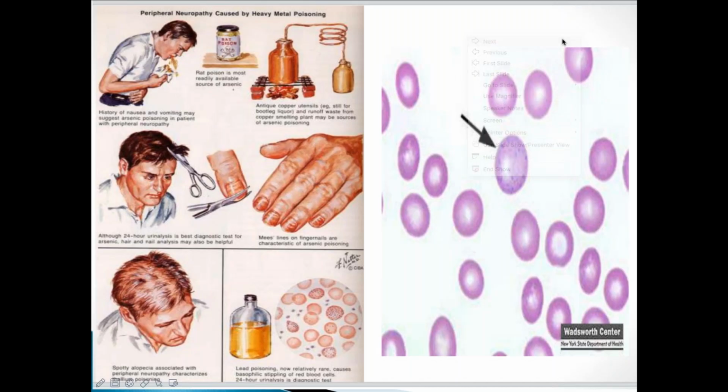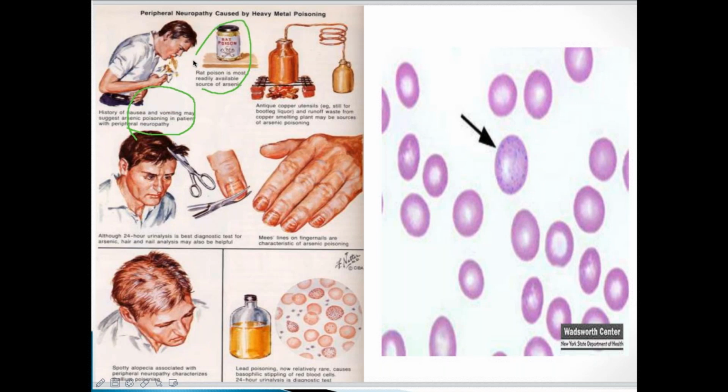Now let's look at what we were talking about earlier. This gentleman has a history of, I told you it might be acute or chronic. It might occur with arsenic, it might occur with lead. So there is a history of nausea and vomiting. Somebody poisoned him. These are different scenarios.